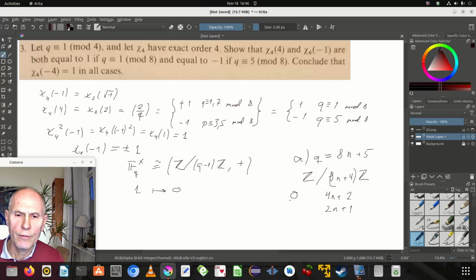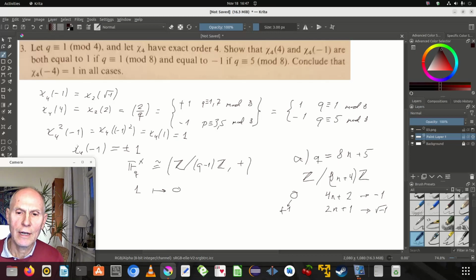So this guy maps to minus 1. This guy's plus 1, this guy to minus 1, and this is square root of minus 1.